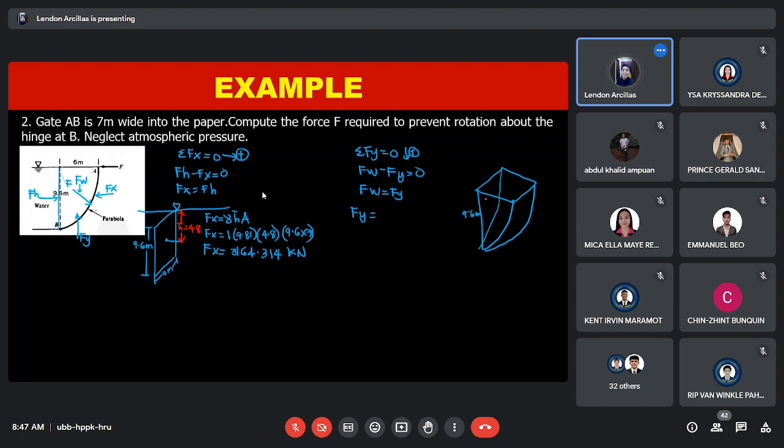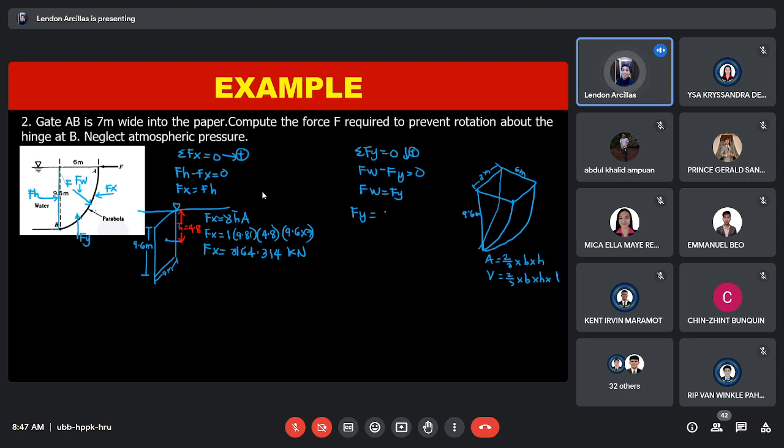This one is 3 meters, and this one here is 6 meters, right? 6, 9.6, 7 meters wide. So the formula for parabola, area of parabola kasi is 2/3 base times height. Therefore, the volume is just 2/3 times base times height times the length.